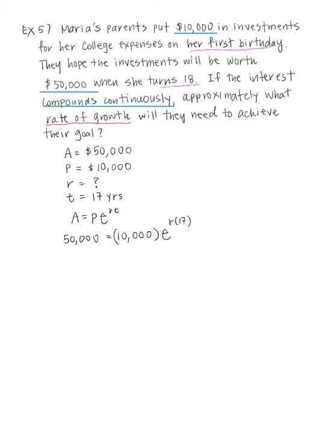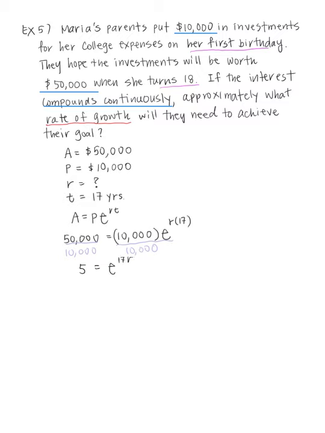Now let's simplify this equation a little bit. Let's divide both sides by $10,000. You don't have to do this if you don't want to; you can just type 50,000 and 10,000 in the calculator, but I like to deal with smaller numbers. So what we get is 5 equals e to the 17r.